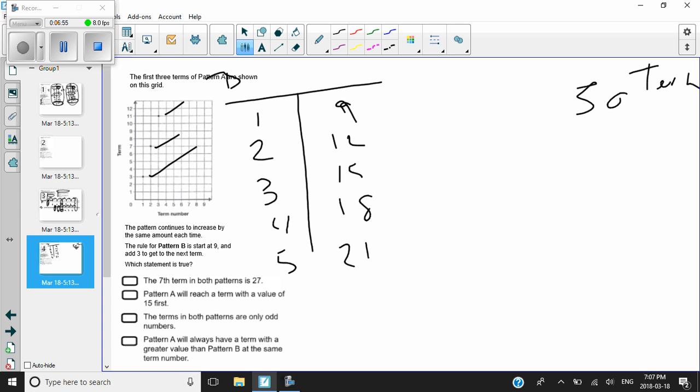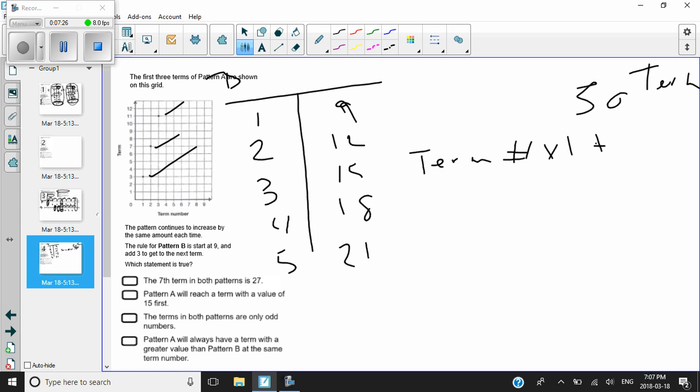So the first one, let's try maybe position number or term number times 1 take away... no, that won't work.